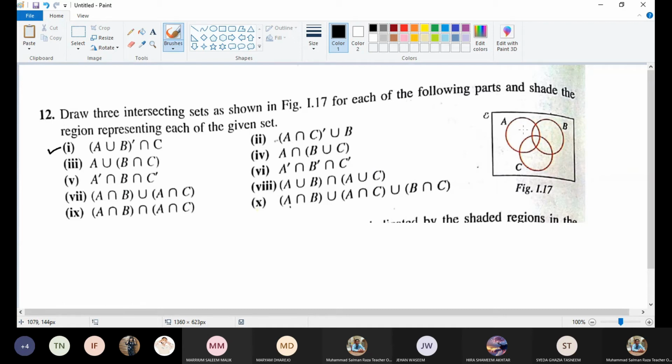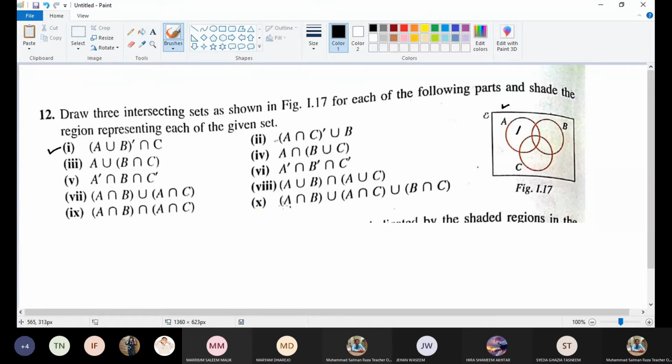You can write any number anywhere, but once you write the numbers, they apply to all of them. You cannot change the figure or the number pattern. So if you write one over here, make sure it remains one over here till the 10th diagram.